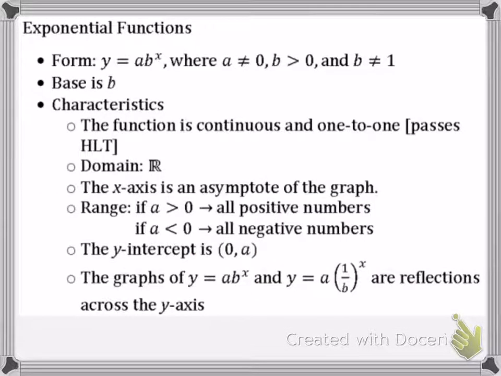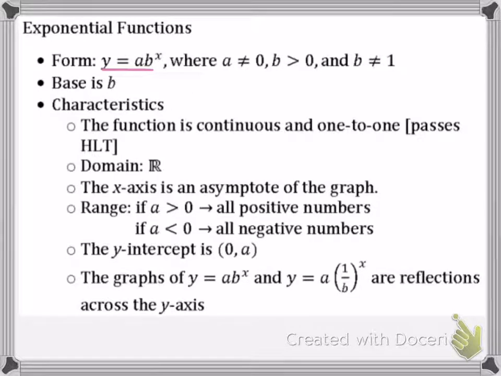Here are some other properties about an exponential function. We already said it's in the form y equals a times b to the x. A can't be 0, b has to be greater than 0, and b does not equal 1. The base is b, because that's the base of your exponent.